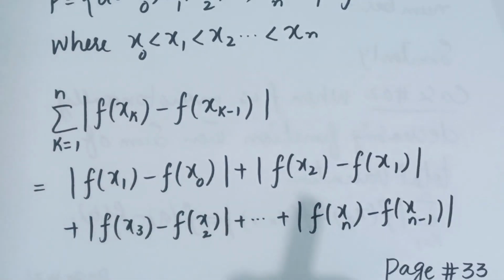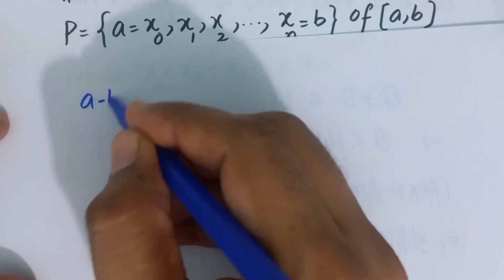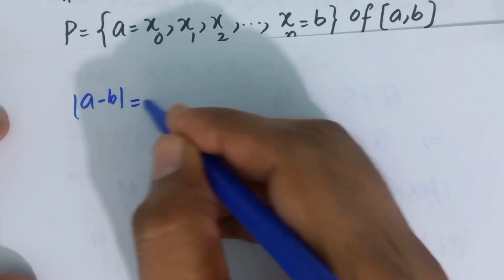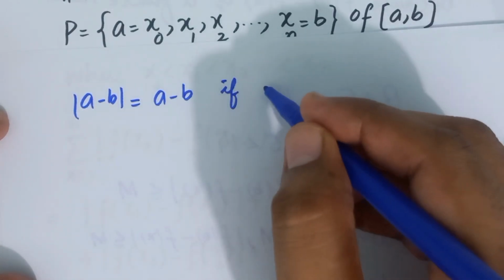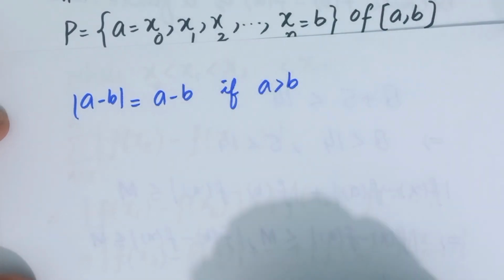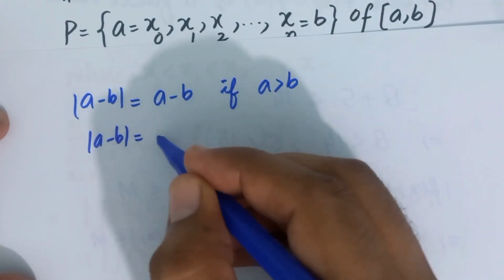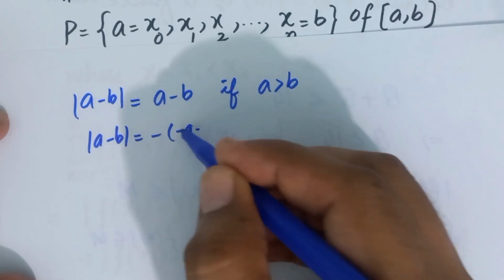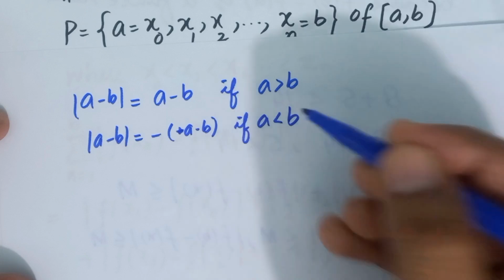But we know that the absolute value of a minus b is equal to a minus b if a is greater than b, and the absolute value of a minus b is equal to minus a minus b if a is less than b.